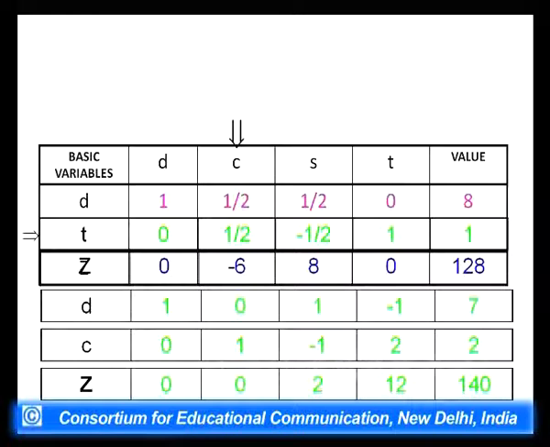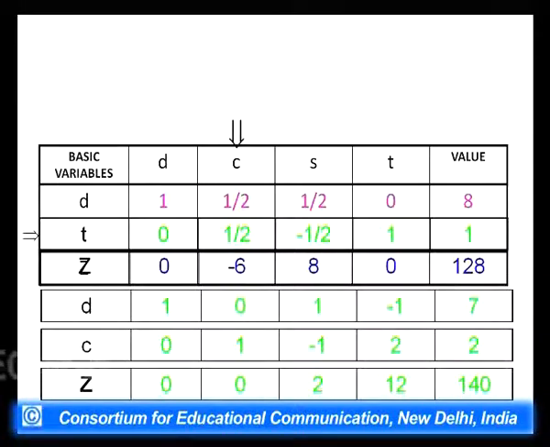Now if we look at the objective function row, which is the last row, the row which contains Z, that gives us the optimal solution or value of the objective function, which of course is 140, and it doesn't have any negative value. If it doesn't have any negative value, then it shows that it is our optimal solution.